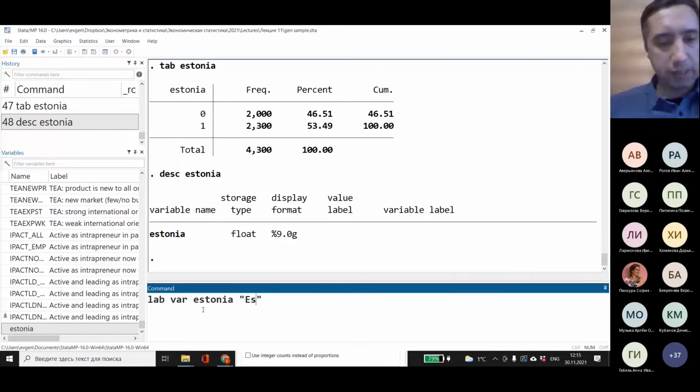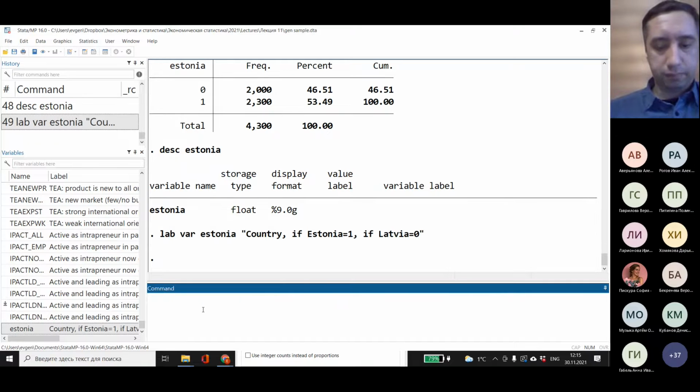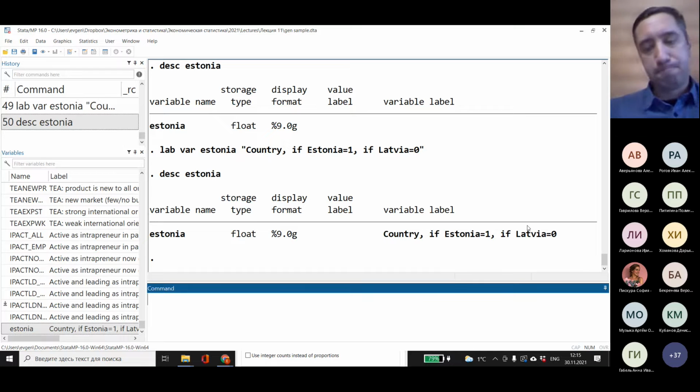For example, Estonia, yes, no, country, if Estonia 1, if Latvia 0. That's it. And look, now you have a variable label.